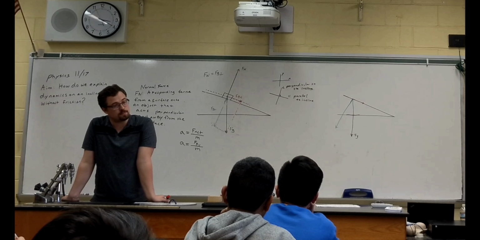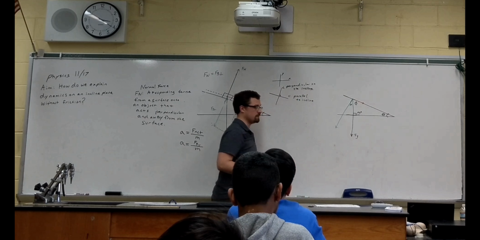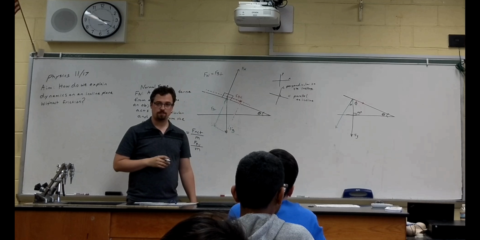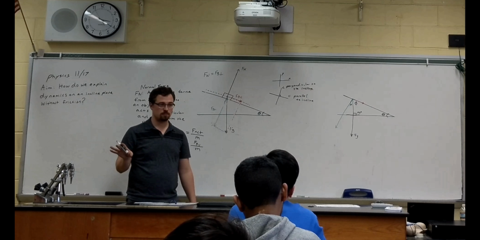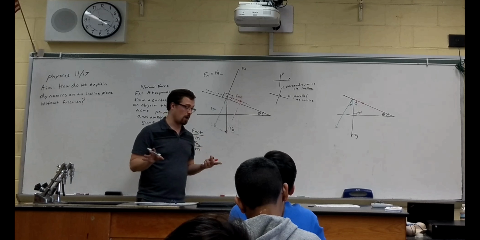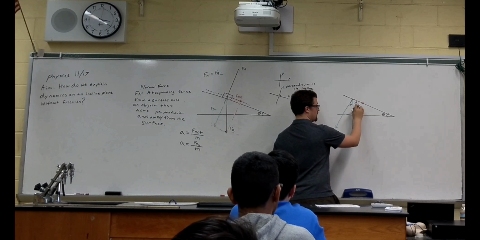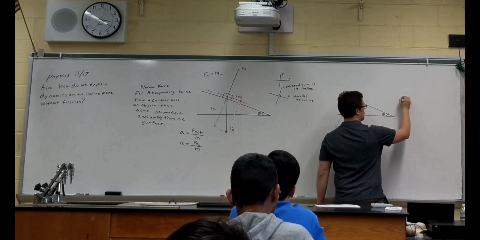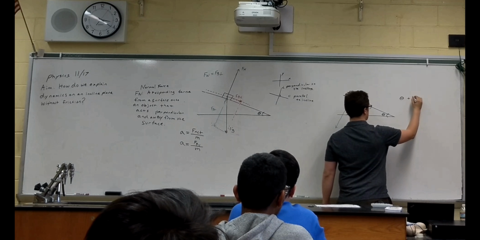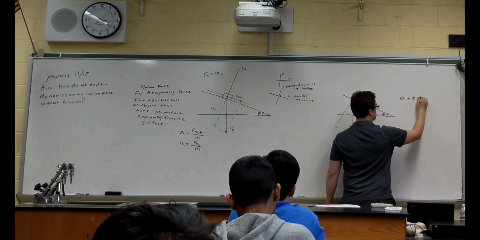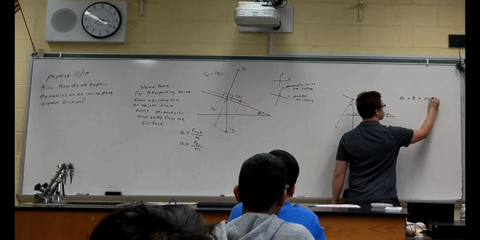And if this is perpendicular with the bottom, how much does that have to be? 90 degrees. Right? So far so good? So I can write two equations. I can write one for the first triangle, right? If this is theta, this is 90, this is phi, I can write theta plus phi plus 90. What does that have to equal? What do those three angles have to equal?